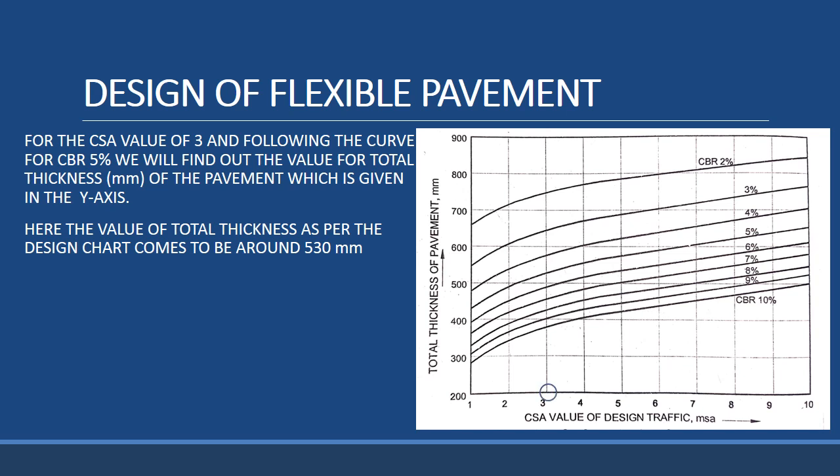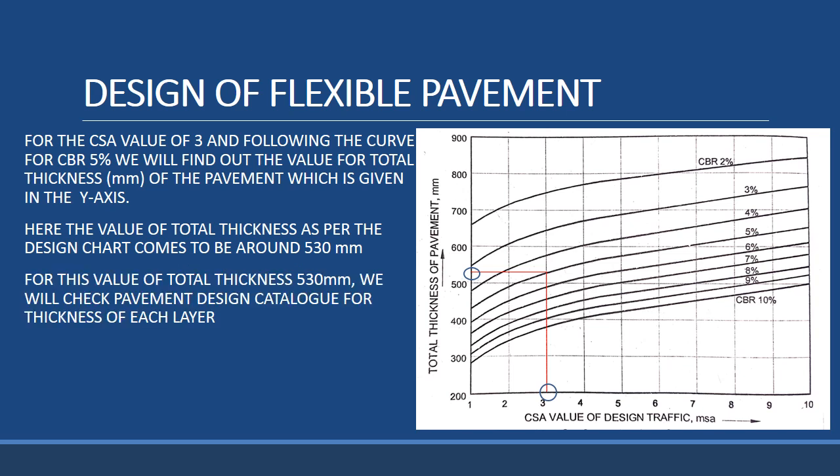Here is your 3 MSA. Now let's come up to your CBR value, that is 5%. Then just refer it on the y-axis to find the thickness. So it comes up to around 530 here. This is the way you are going to check the CBR chart.